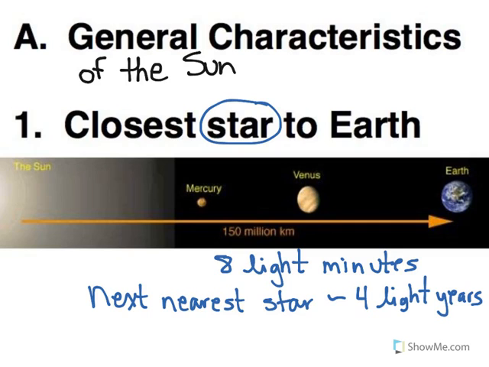That's the difference in distance that we're talking about. And that difference means that our Sun is really going to be the only star we can study in detail. And so we can use our Sun as a starting point for understanding all stars and be able to compare other stars to our Sun.